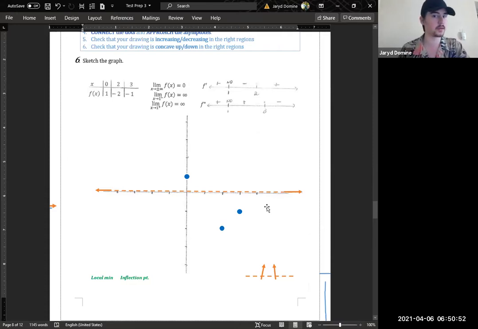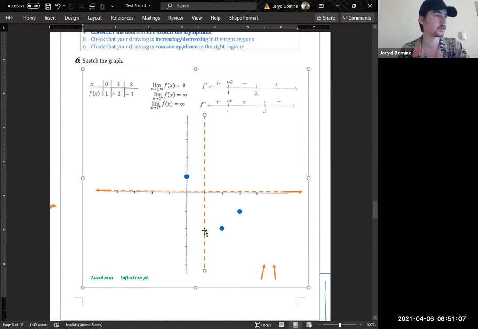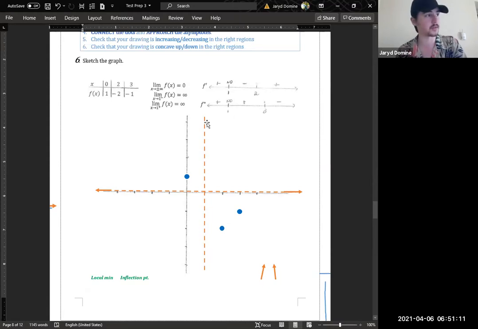For the vertical asymptote, we have x = 1. Right, so we're given a number 1 here. So I'm going to draw this dotted line x = 1, a vertical line. And now the arrows are actually pretty important for this one.